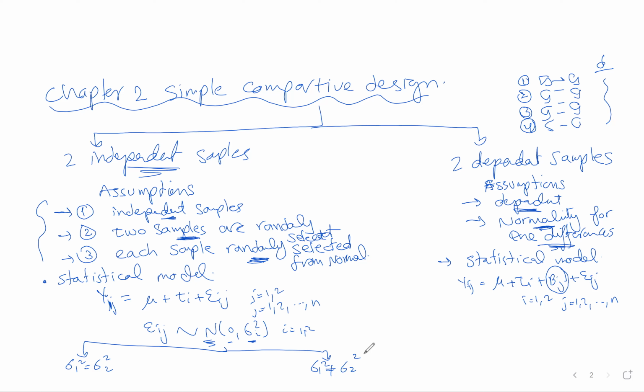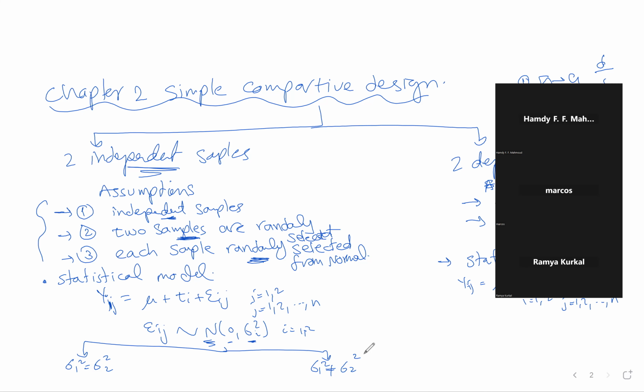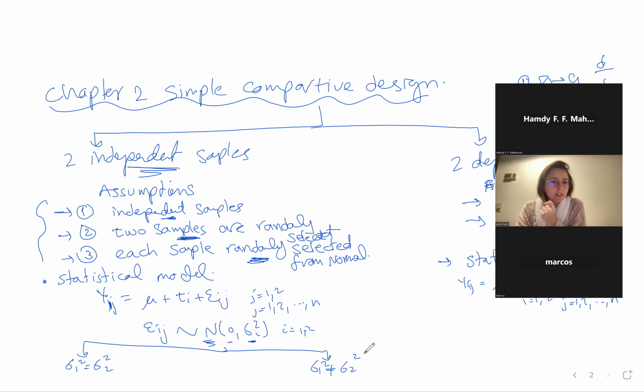Any questions so far? Yes. So you mentioned that in the independent samples, we don't have to do the Shapiro test to test for normality. Is that right? For the independent case, yes, you test normality using the Shapiro test.